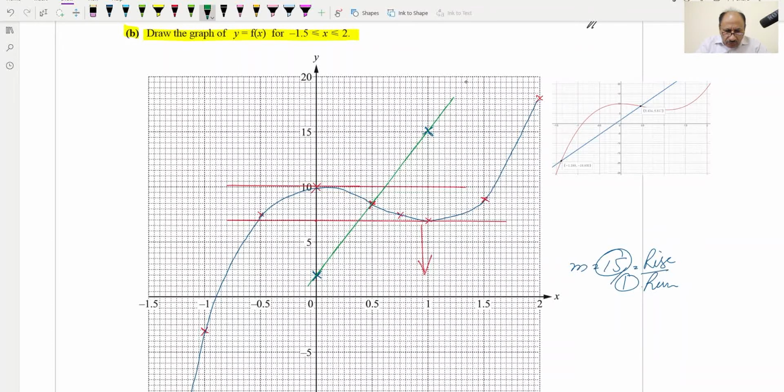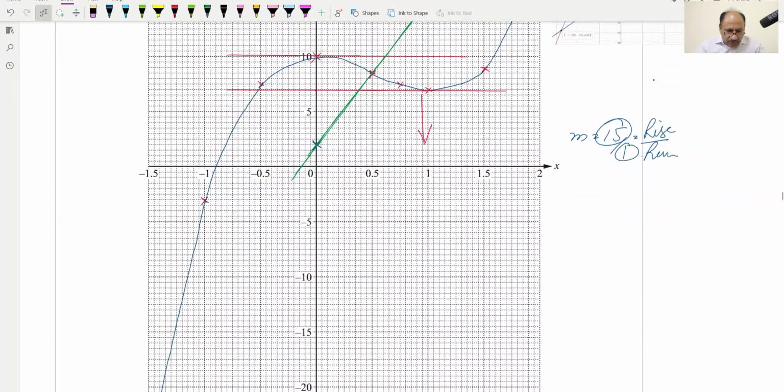So you have to start from here and draw up to the end of this one, over here we need to draw up to this point.